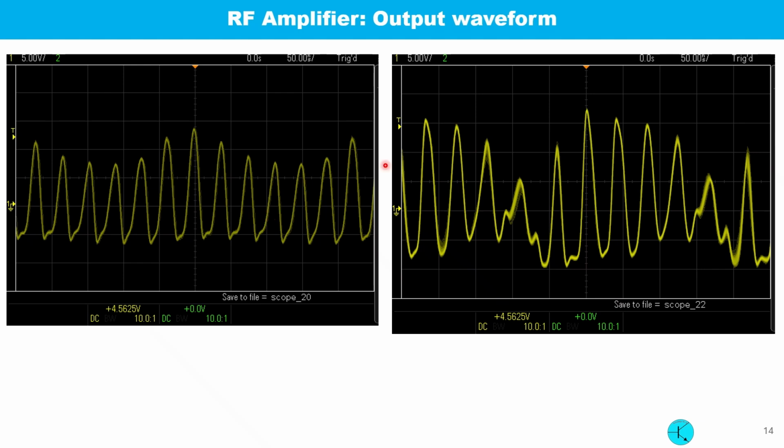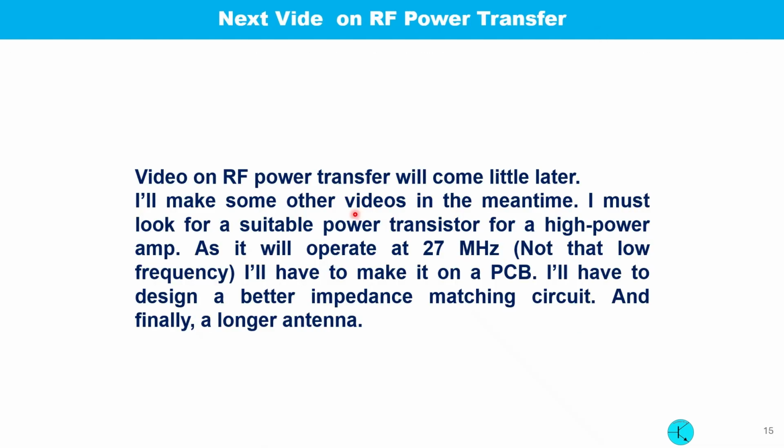These are the output waveforms of the amplifier. You can see they are not very good waveforms. In future, after building the circuit on a PCB, I hope to make this better. The video on the RF power transfer will come a little later.